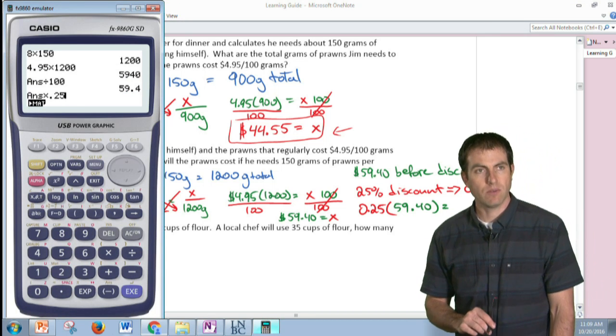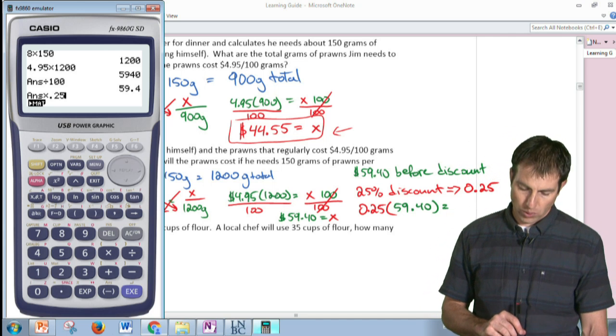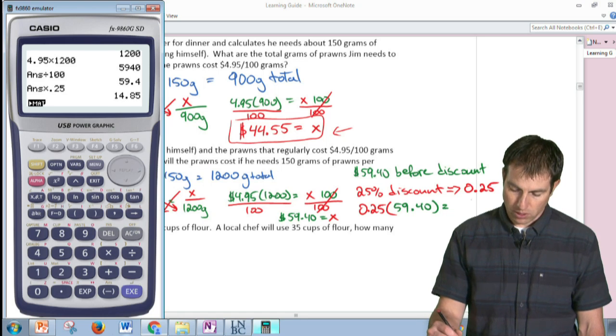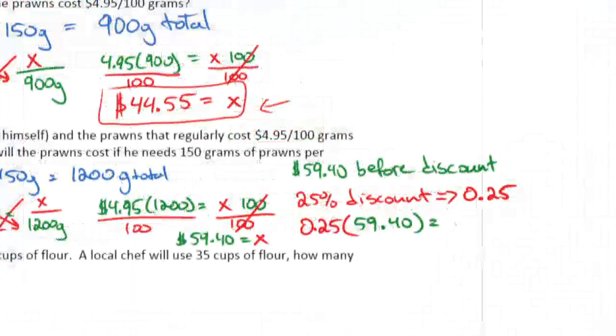So 59.40 times 0.25. This gives us $14.85. So our discount is $14.85.